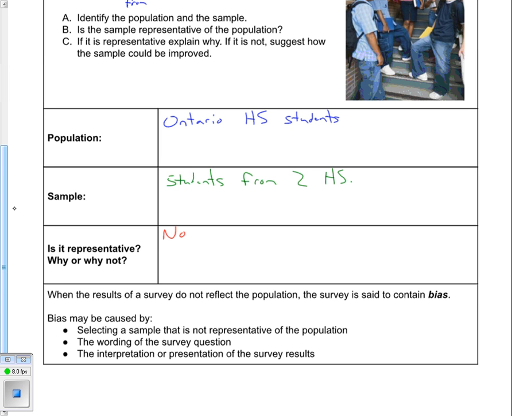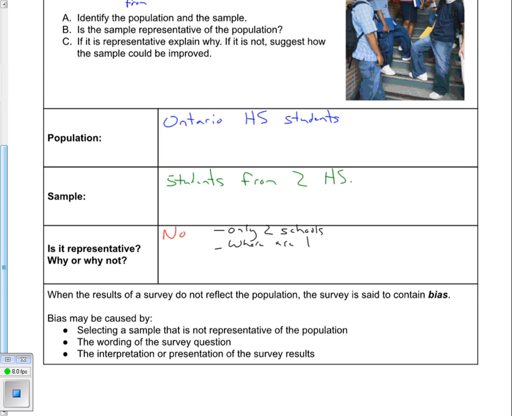We don't know where those schools are. We only have two high schools, so the sample size is not large enough. We don't know where those schools are or the demographic makeup of those schools.